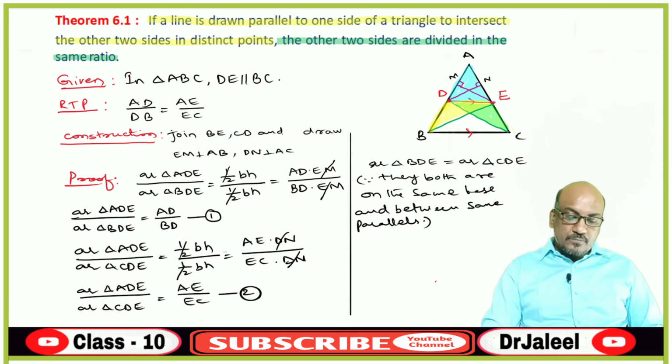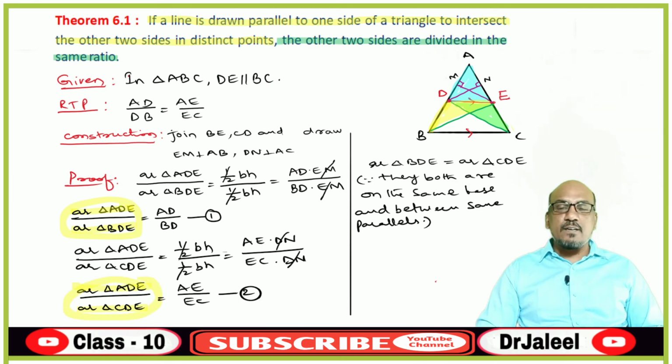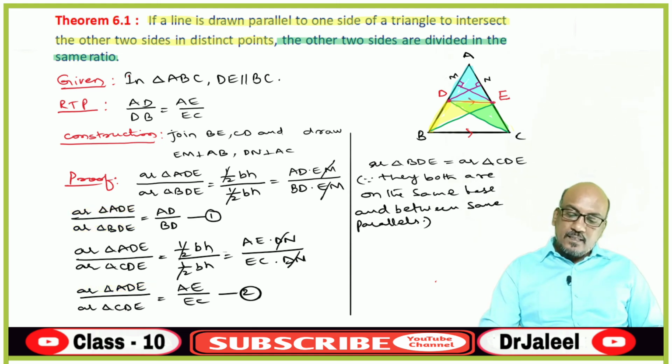So children, the numerator is equal and even the denominator's area is also equal now. So that means the left hand side of the first equation and the left hand side of the second equation, both are equal. So you can conclude saying that therefore first equation is equal to second equation.